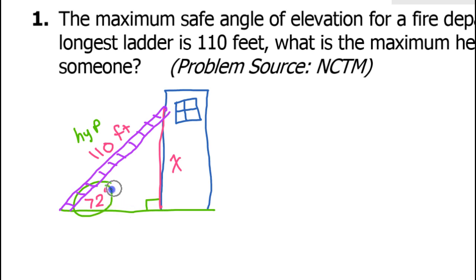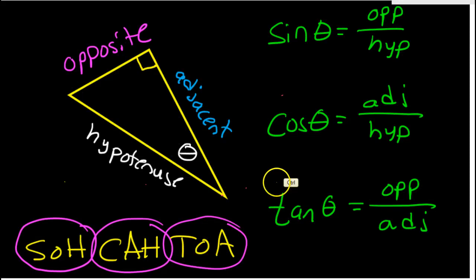The side that is across from the angle is the opposite leg, and the side that's right next to the angle is the adjacent leg. So now we have to decide whether we're going to pick sine, cosine, or tangent, SOH CAH TOA.